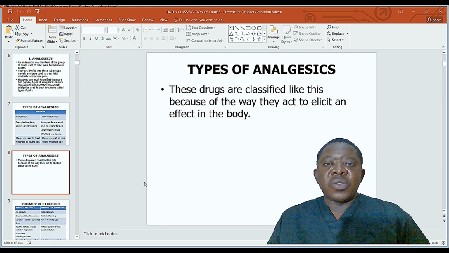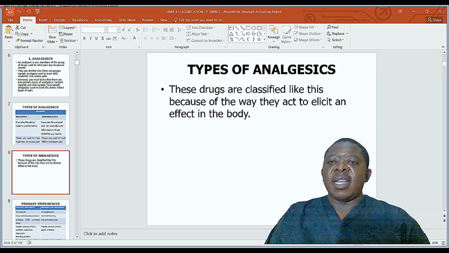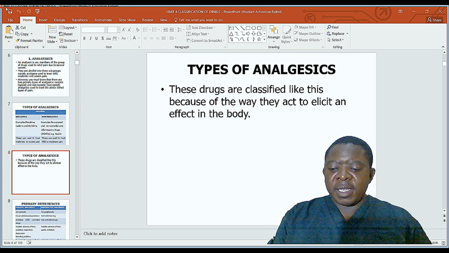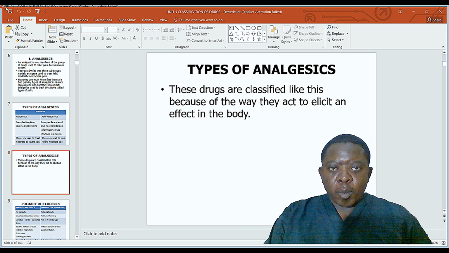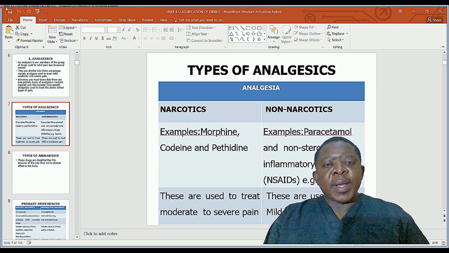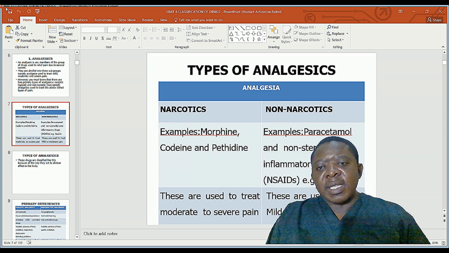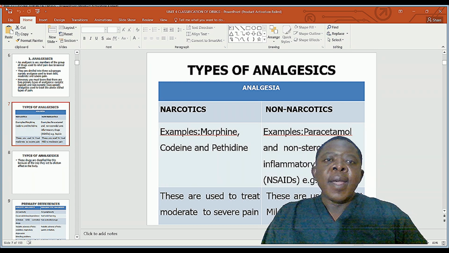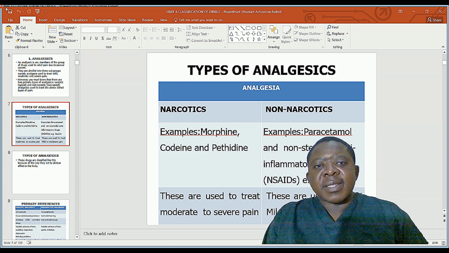These drugs are classified like this because of the way they act to elicit an effect in the body. You also need to know that narcotics may cause sedation, whilst non-narcotics may not cause sedation. Non-narcotics may have antipyretic effects, whilst narcotics do not.